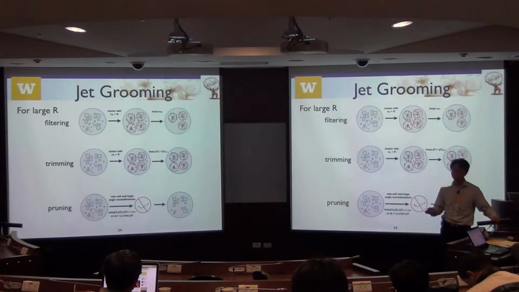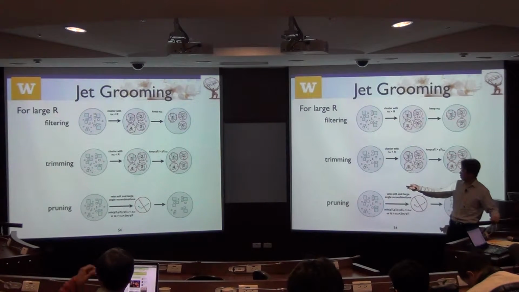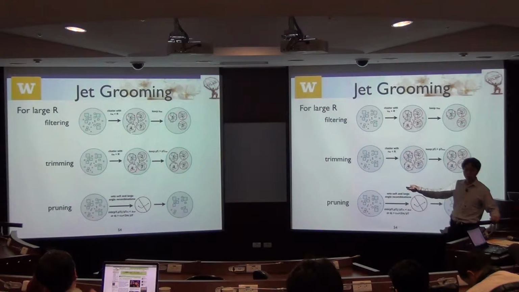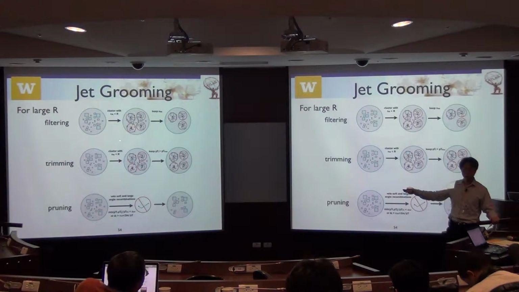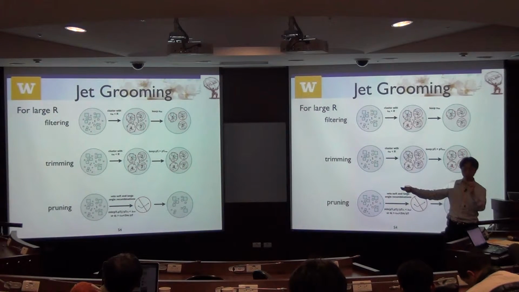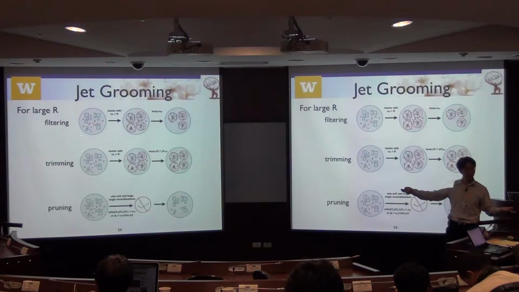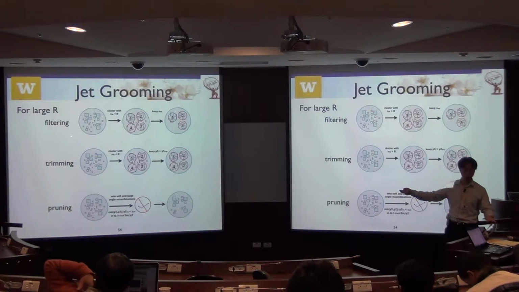The motivation is that if these subclusters are actually not coming from your original quark or gluon, but are coming from some unconnected pile-up or some soft radiation that dilutes the kinematic description of your jet, then you want to throw them away, and very likely they have a relatively soft mass drop ratio.